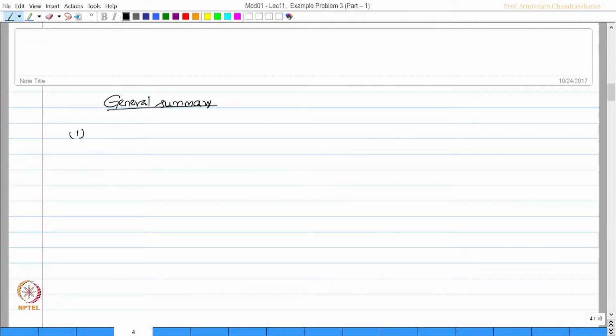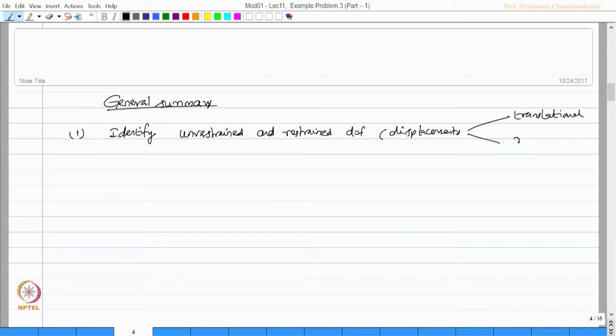So, the first step is to identify unrestrained and restrained degrees of freedom, essentially displacements. They can be translational or rotational.